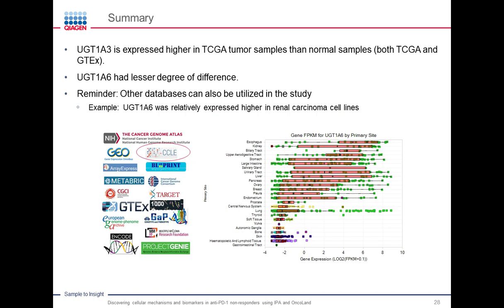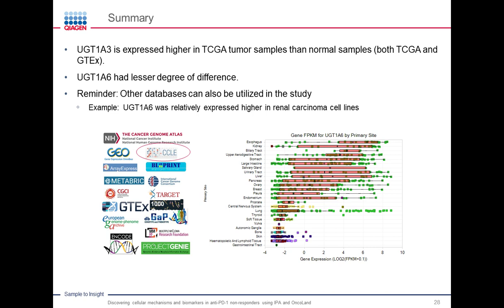So in summary, we found that UGT1A3 and A6 were both expressed more in renal cell carcinoma compared to other tumors, but UGT1A3 had greater difference in expression between tumor and normal tissue. And this was true both for TCGA, tumor and normal, and also TCGA versus GTEx, tumor and normal. And then UGT1A6 can potentially serve as marker, but it had lesser degree of difference.